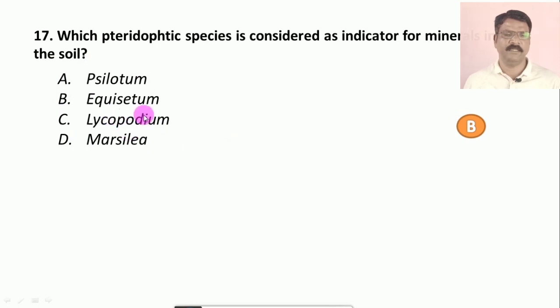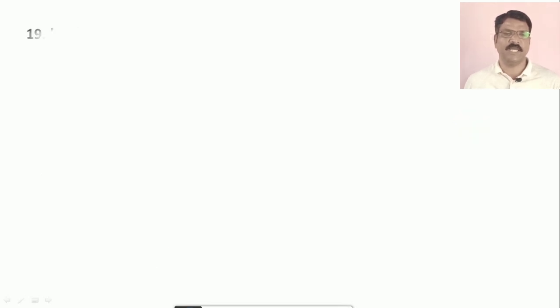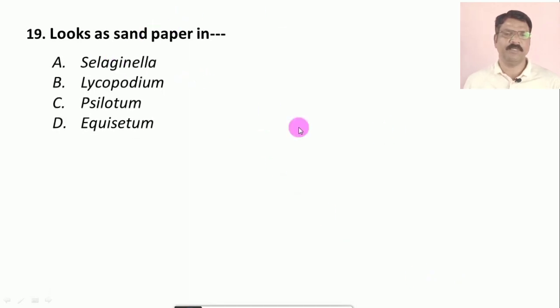Question number 18: deposition of silica occurs in which pteridophyte? Options are A. Marsilea, B. Psilotum, C. Equisetum, D. Lycopodium. The correct option is C, Equisetum. Question number 19: which looks like sandpaper? Options are A. Selaginella, B. Lycopodium, C. Psilotum, D. Equisetum.